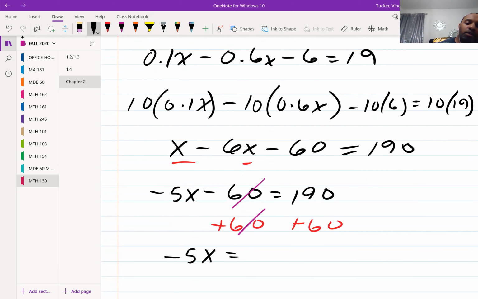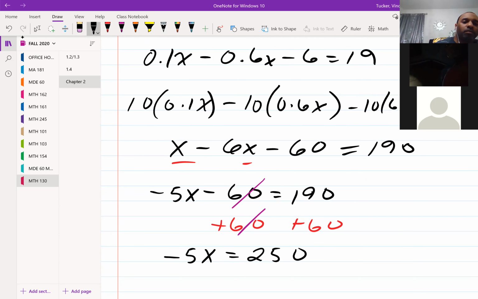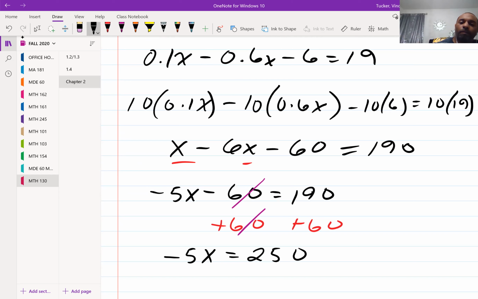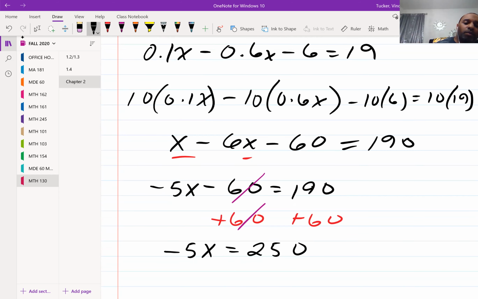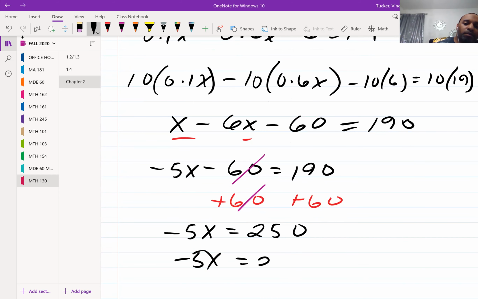Negative 5x equal to 250. And then we can divide both sides by negative 5.